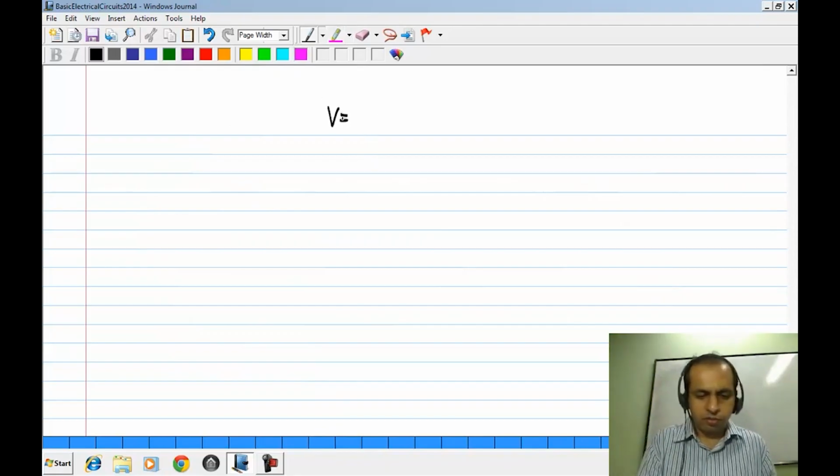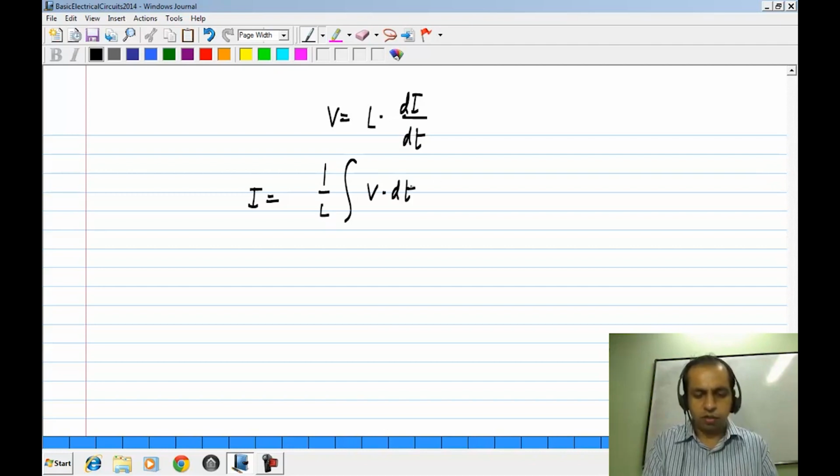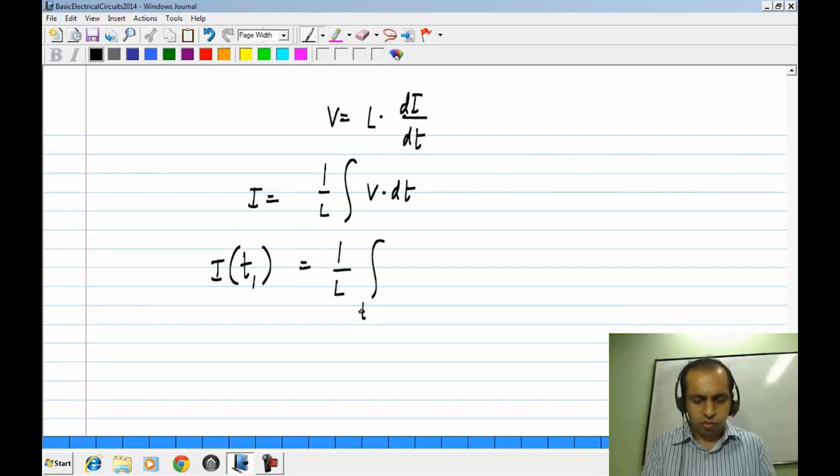Now we have V is L di by dt, which says that I is 1 over L integral of the voltage with respect to time, and I at time t1 is given by this integral plus I at time t0.